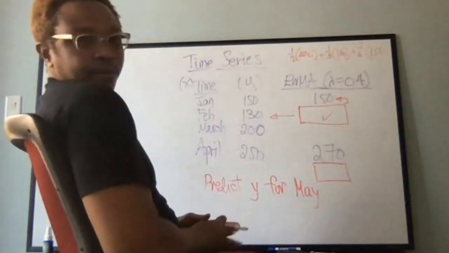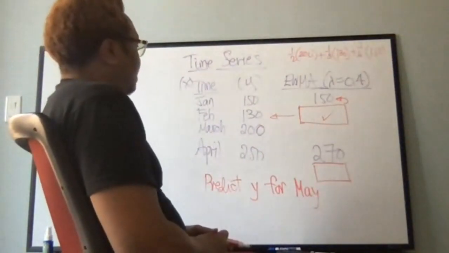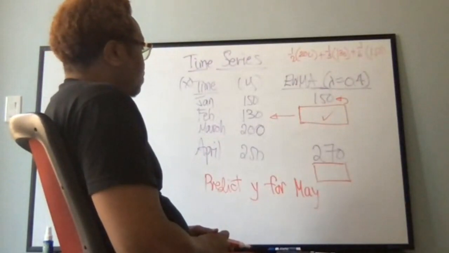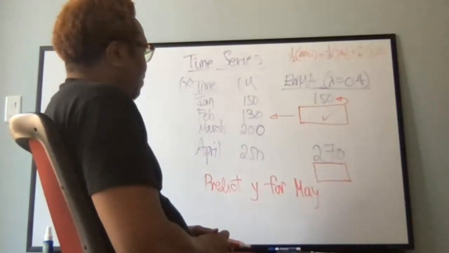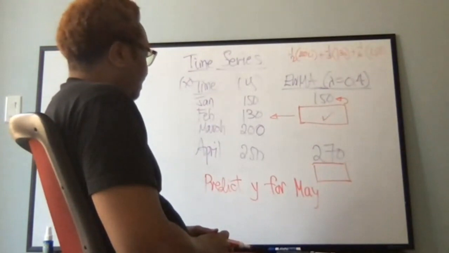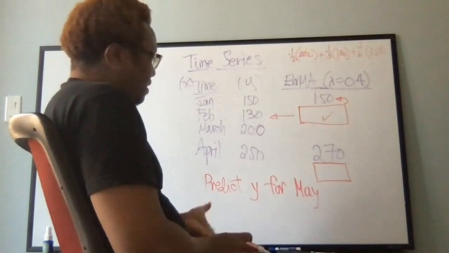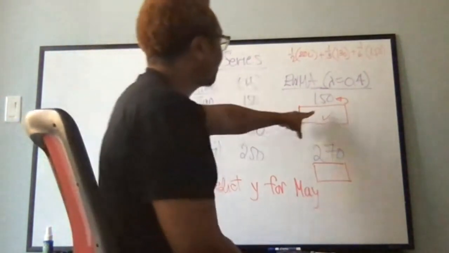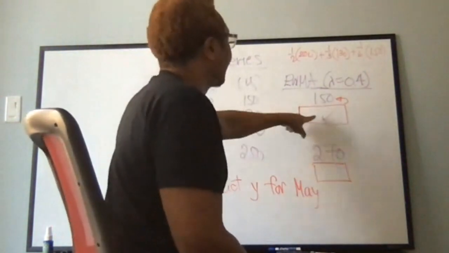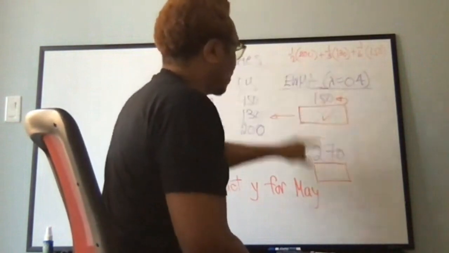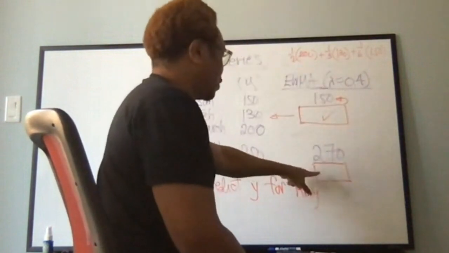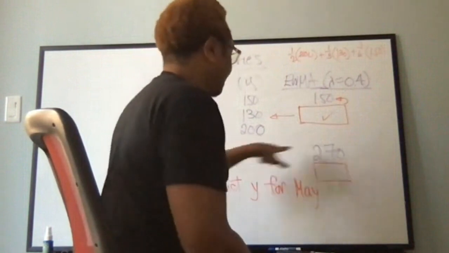Anybody remember how to do that? How do you predict one time point outside of where you're given using EWMA? Well, virtually it's the same thing. When I'm smoothing, I'm using this beside it and the value above it. But when I'm predicting, I'm just going to use both values right above it.